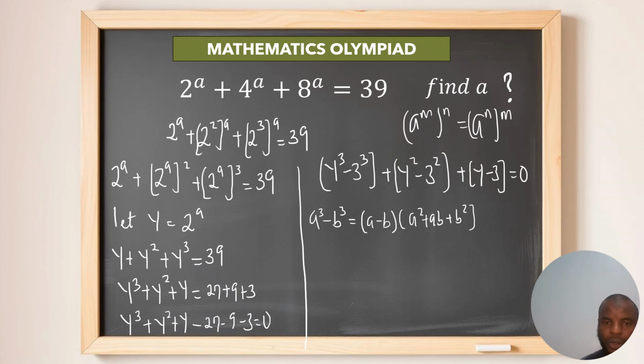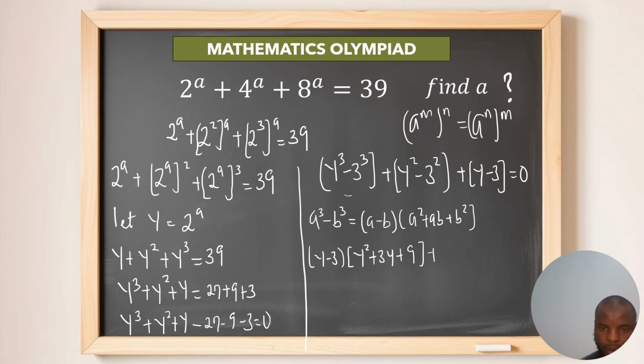So I'm going to be using this here. My y cubed minus 3 cubed, using this form, becomes (y minus 3) times (y squared plus 3y plus 3 squared, which is 9). So this is what we have.